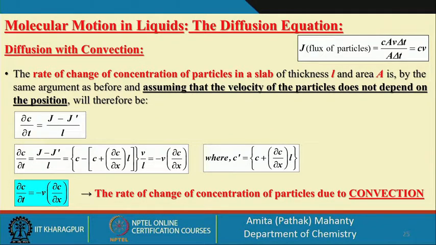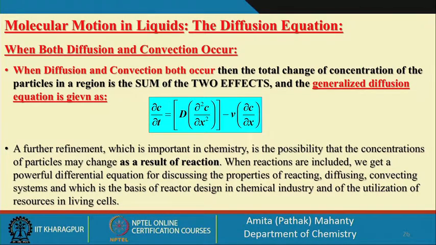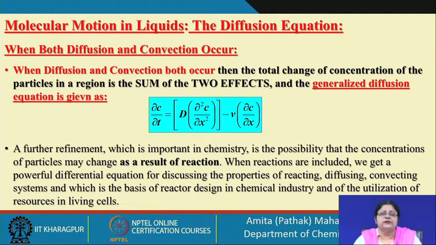So now we have two effects which both exist. You have diffusion plus convection occurring. When both are occurring, the total change of concentration of the particles in any particular region is going to be the sum of the two effects, because of the diffusion as well as the convection.